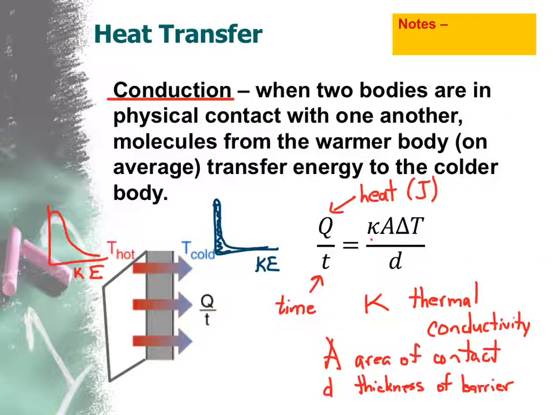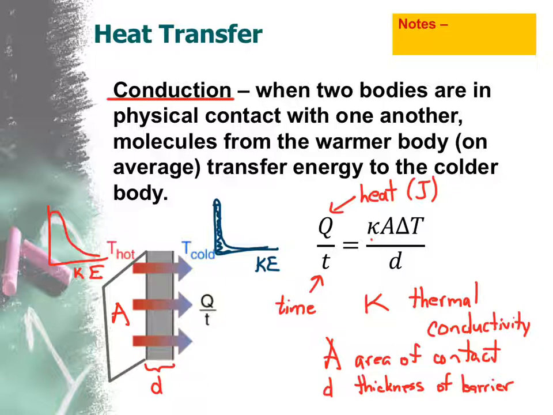So this would be the area, the amount of area in contact between the two bodies, and then this down here would be our thickness of our barrier D between the two materials. Okay, so that's what happens with conduction.